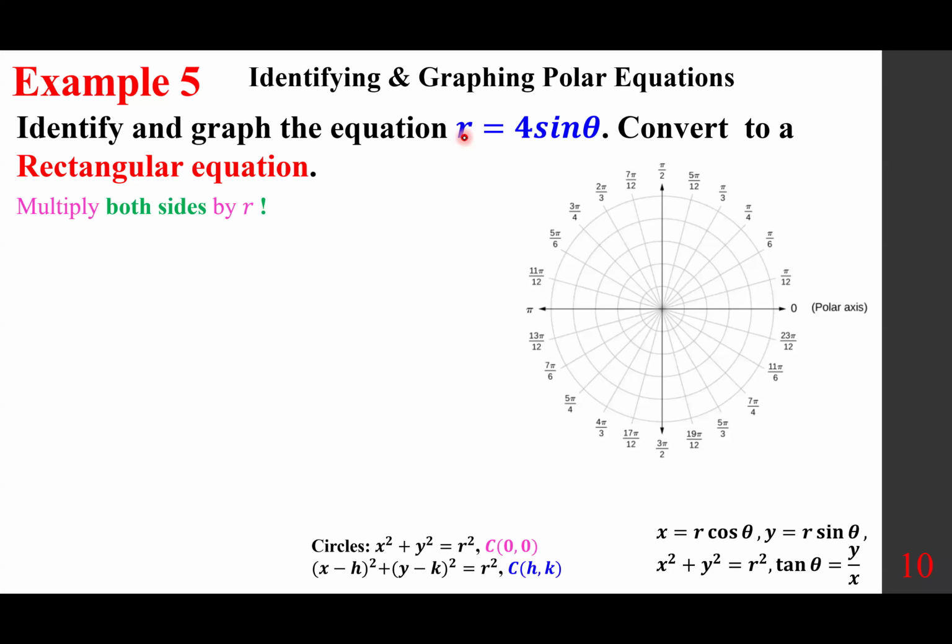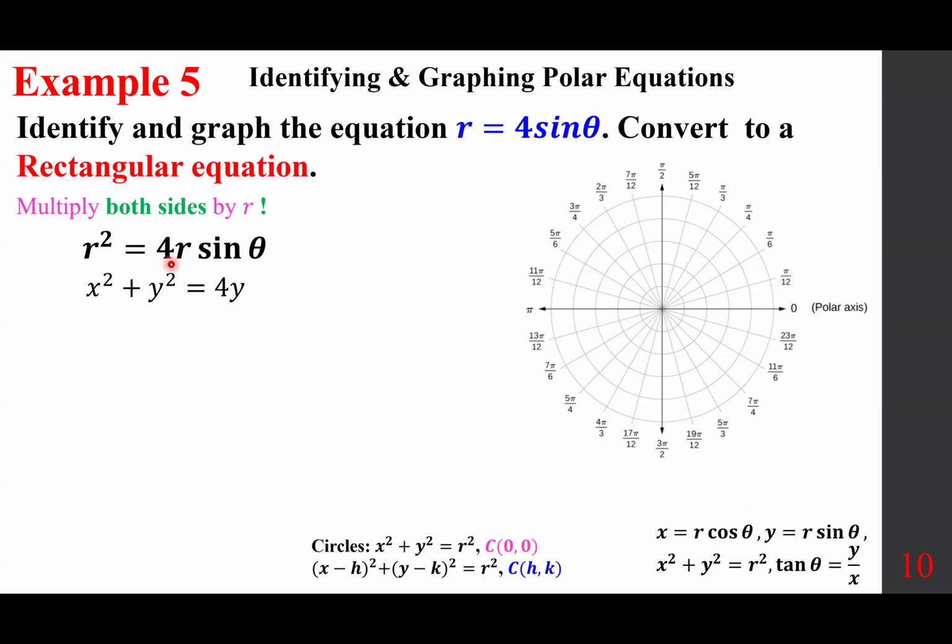The left side becomes r squared, and this becomes 4r sine theta. Since x squared plus y squared equals r squared, r squared can be replaced by x squared plus y squared. R sine theta is y, so this must be 4y.